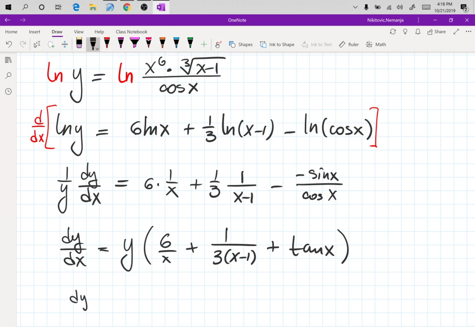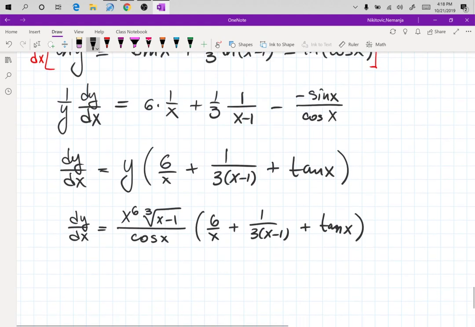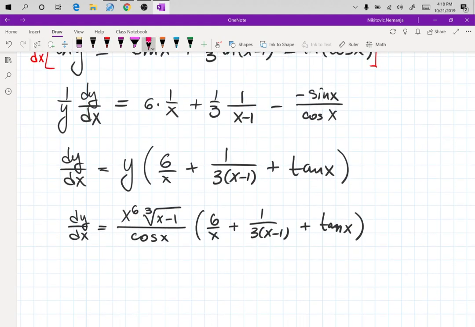So the derivative of that monstrosity was very simple, actually, and we haven't done any of those rules. And that's the derivative.